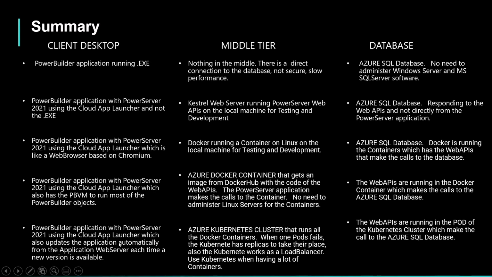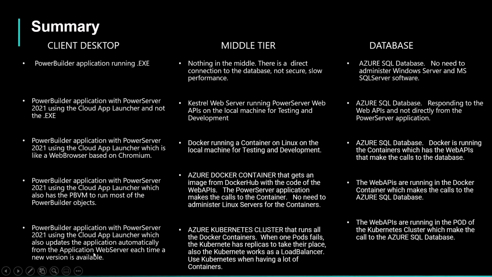We went on to learn a little bit about Azure Kubernetes, and we had the PowerBuilder application with PowerServer 2021 using the Cloud App Launcher, which also updates the application automatically from the application web server each time a new version is available.